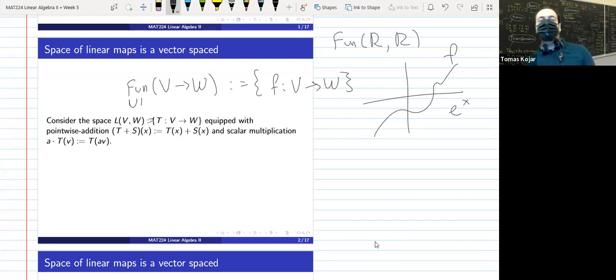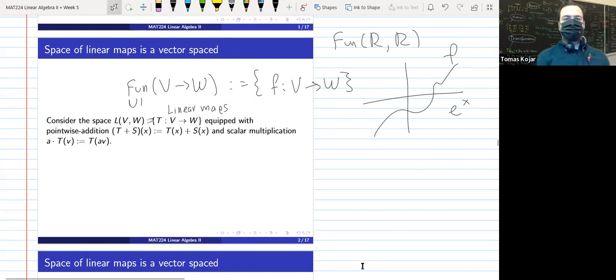We're going to look at all linear maps between those two vector spaces, V and W, and they have to have the same field. We never say that, but we always assume V and W have the same field. Otherwise, scalar multiplication makes no sense.